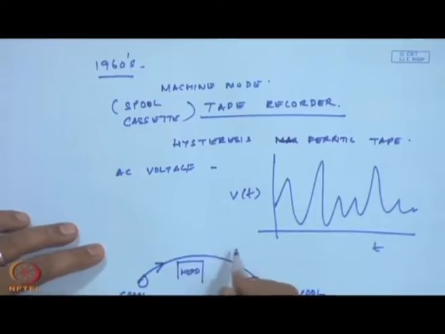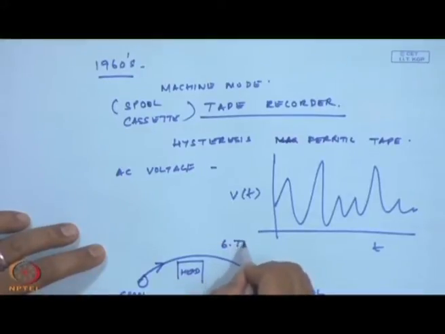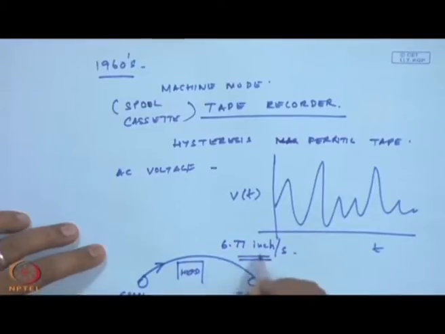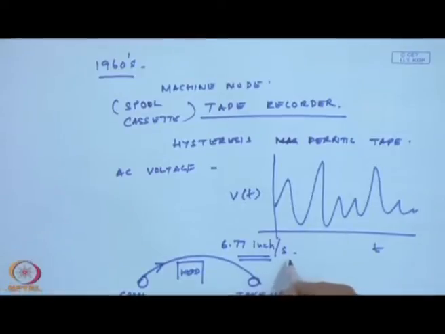And they go at a particular speed, and some of them could be 6.77 inch per second, and this is a value of the industry format. Then it was in the inch per second speed, linear speed, and this is dependent on the RPM.